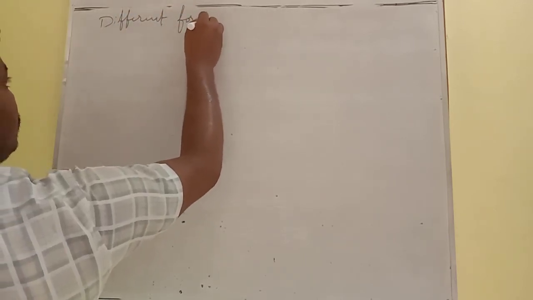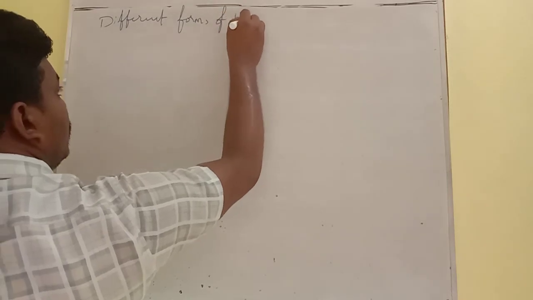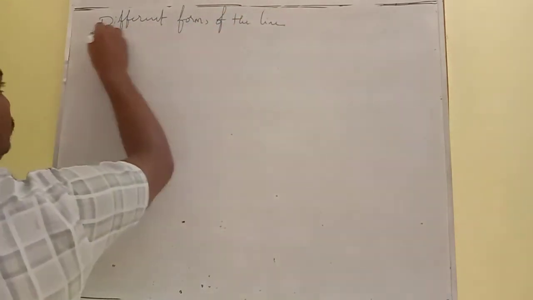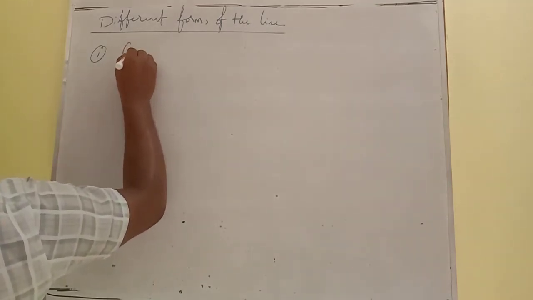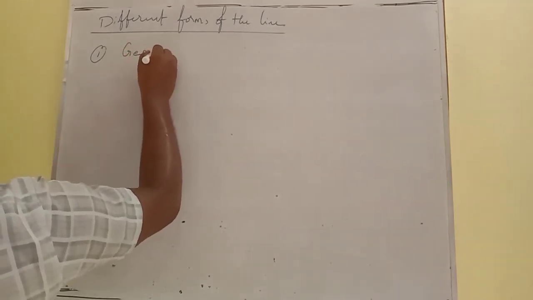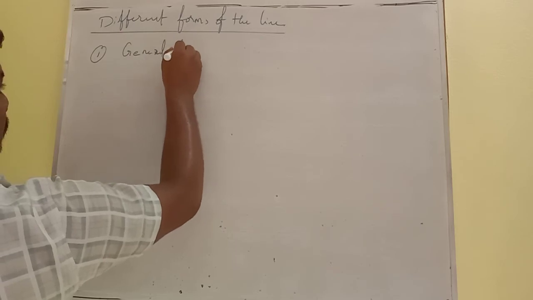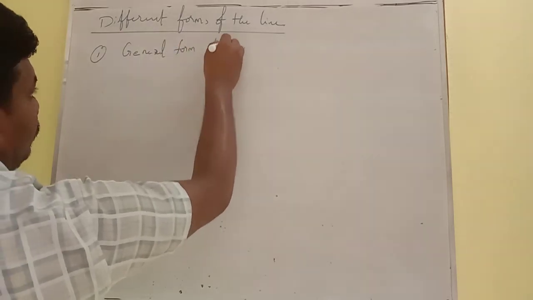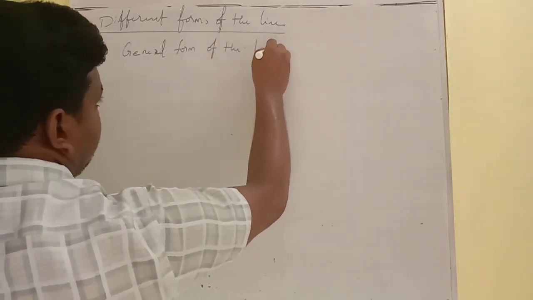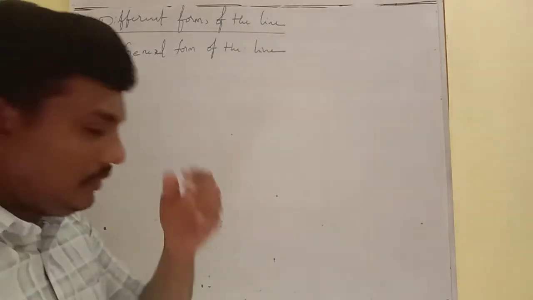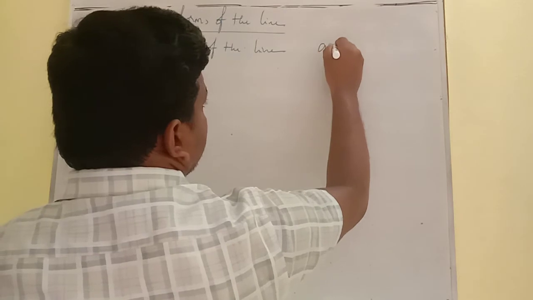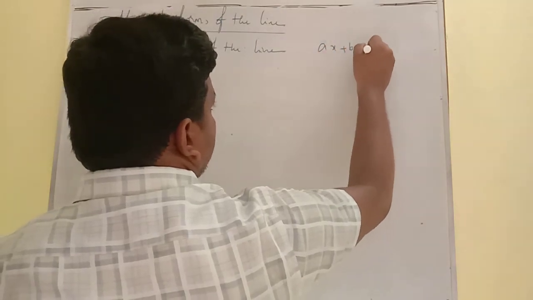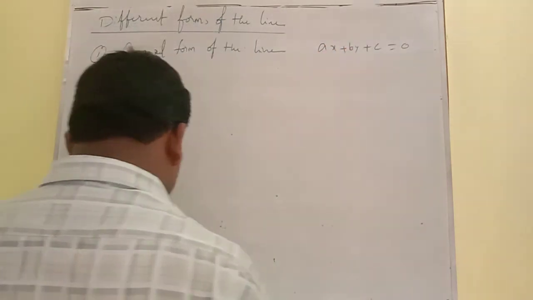First one, the general form of the line. What is the general form of the line? The general form of the line is ax plus by plus c equals 0.